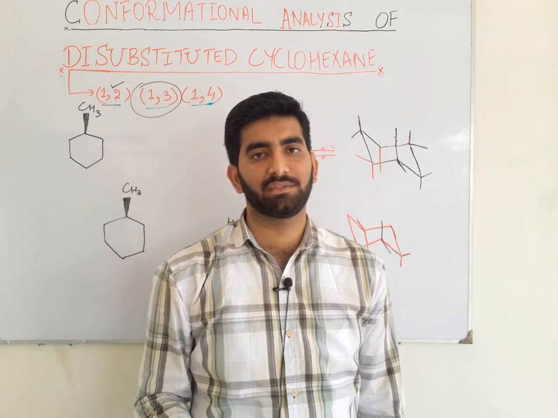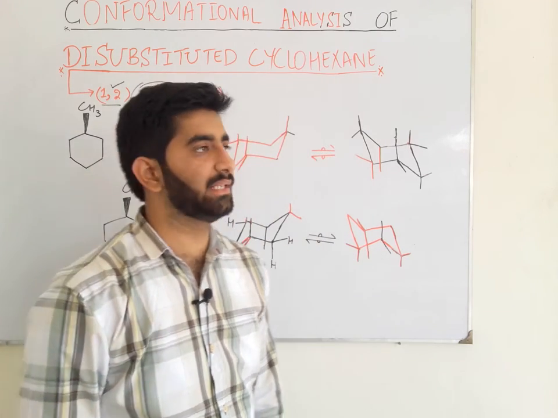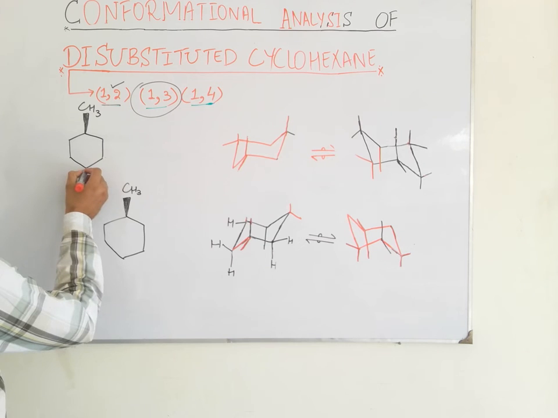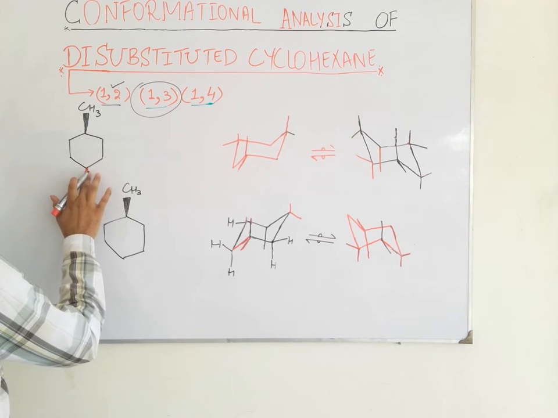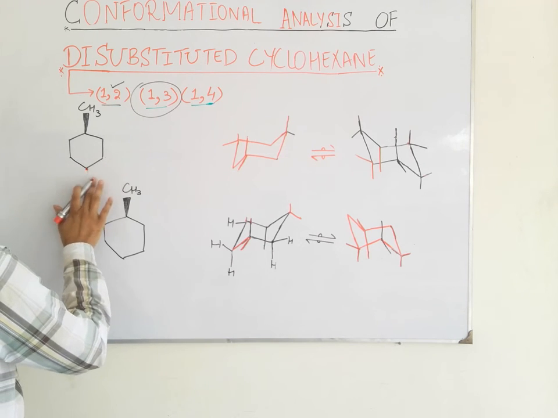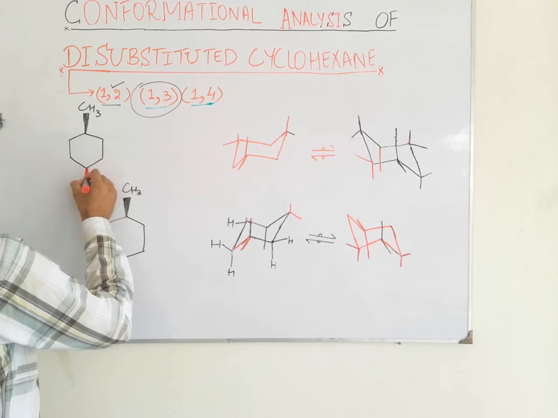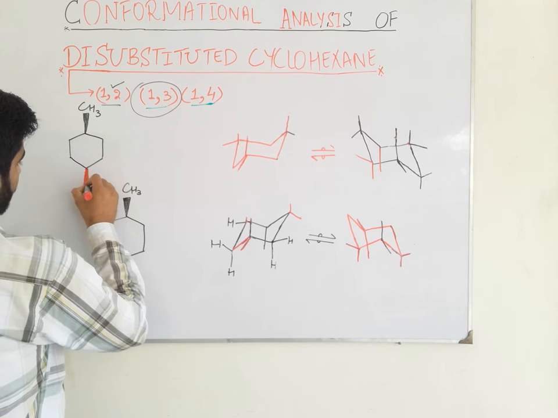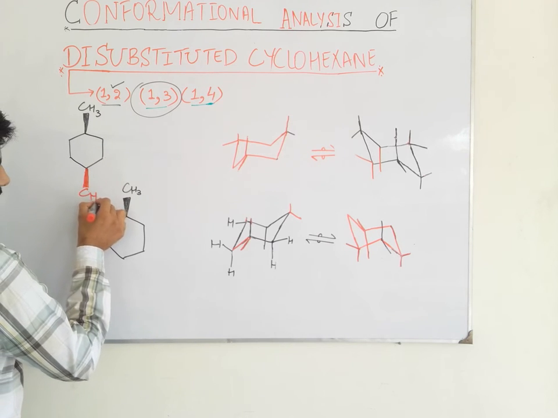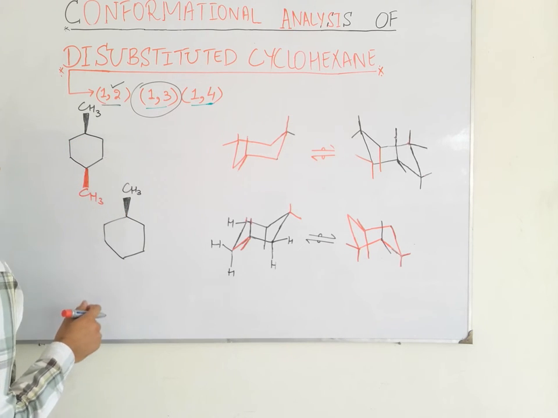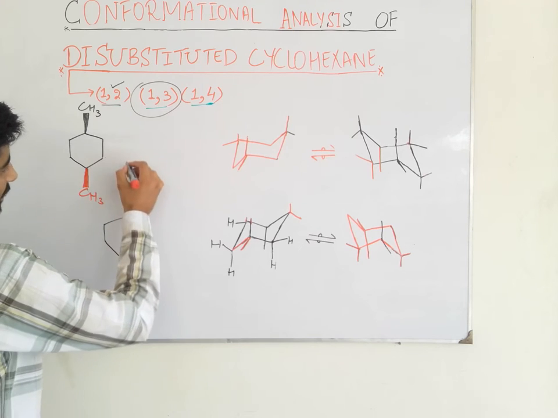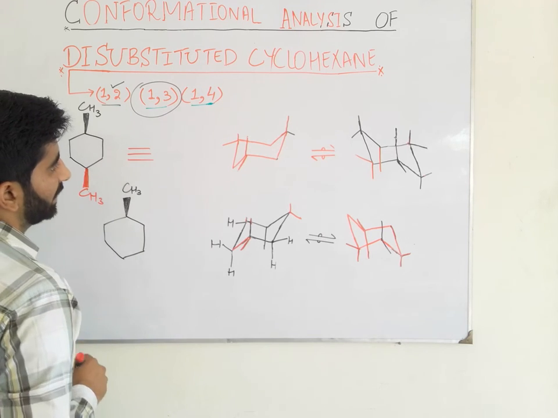Now we will discuss the 1,4 disubstituted cyclohexane system. There is a methyl group that is represented by the wedge bond. So it is cis-1,4-dimethylcyclohexane, and its chair conformation.